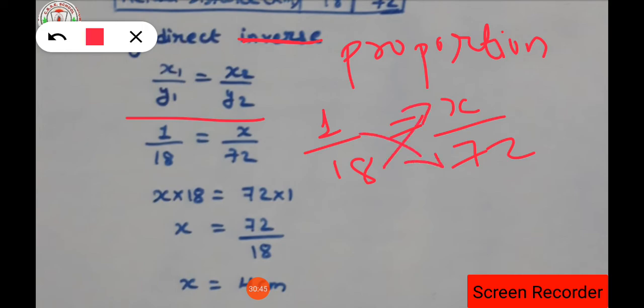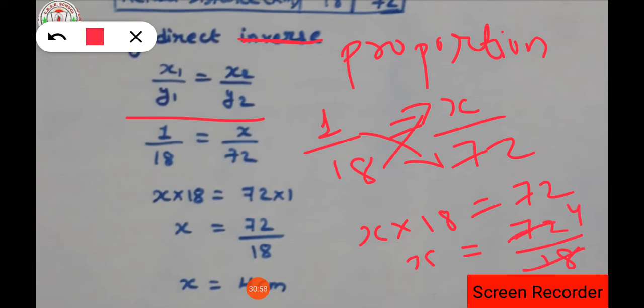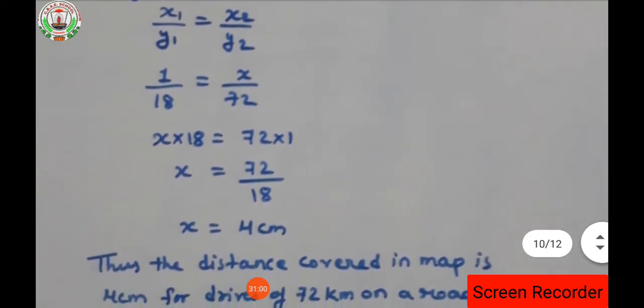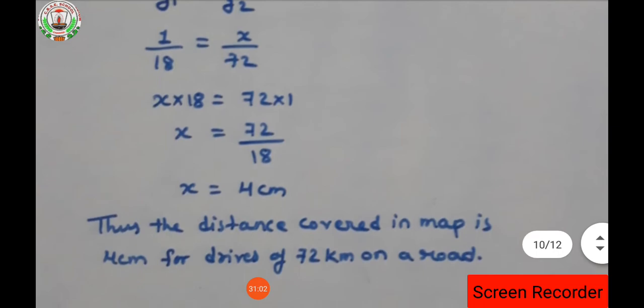So x into 18 is equal to 1 into 72, which is 72 itself. So x is equal to 72 divided by 18. We will get the answer as 4 centimeter. Clear? Thus the distance covered in the map is 4 centimeter for a drive of 72 kilometers on a road.